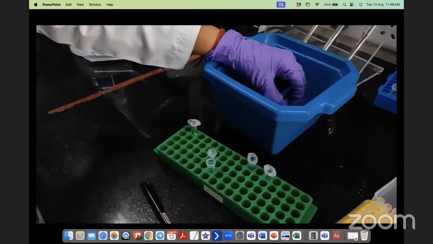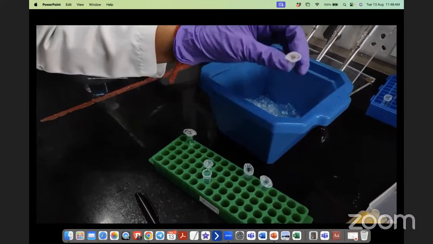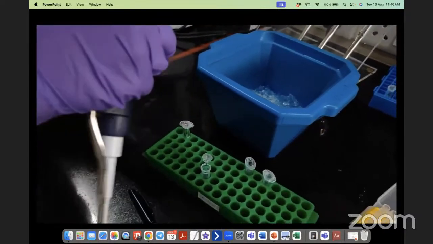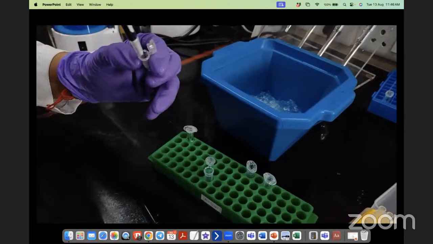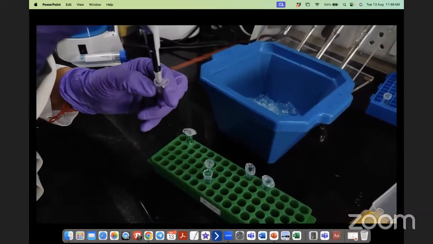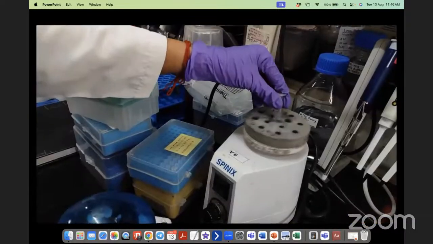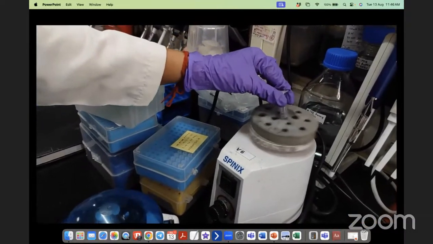Now the next step is the addition of trypsin, which could be added in the ratio of 1:30 to 1:50, which means that one part of the trypsin can be sufficient for 30 parts of protein. The sample should be vortexed properly and spun.